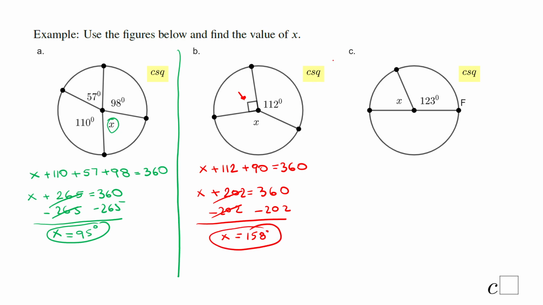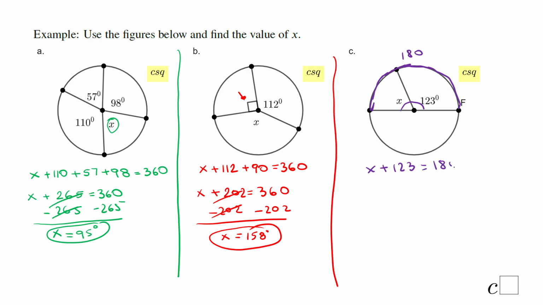And let's take a look at the last part. In the last part we have a semicircle, right? So this arc here is 180 degrees. In fact, this angle is a straight angle also. So either way, we can write x plus 123, if we look at the angles, equals 180.